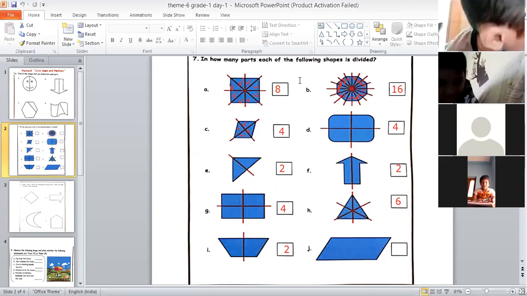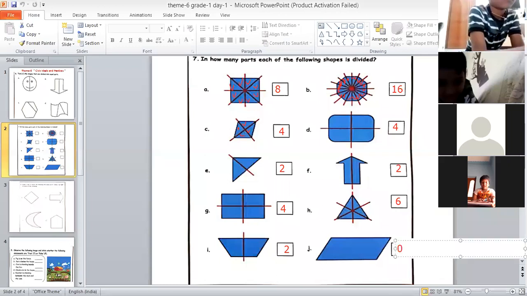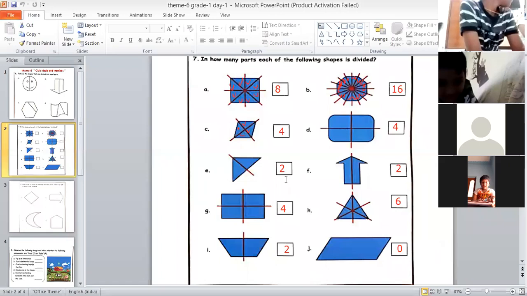Tanvi Sri, please unmute yourself. Yes, Tanvi Sri, last shape. 0, ma'am. Very good. Yes, children, the last shape is not divided. So this means it is divided into 0 parts. So we will write here 0.